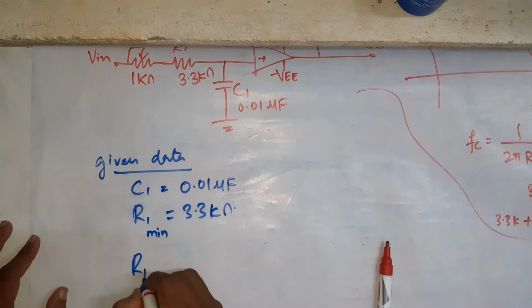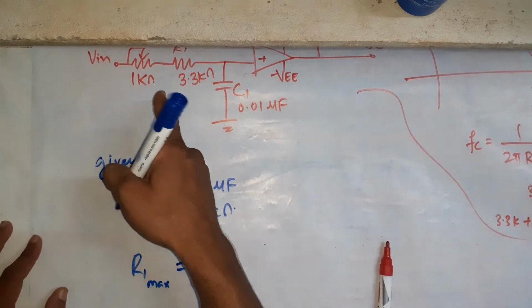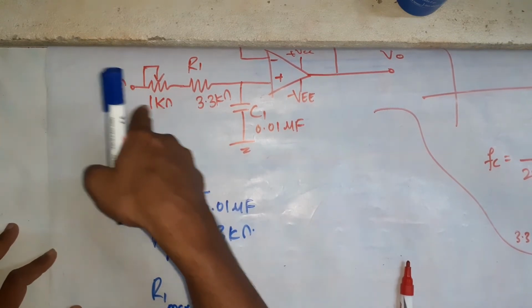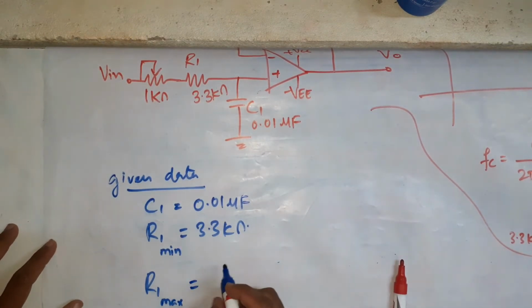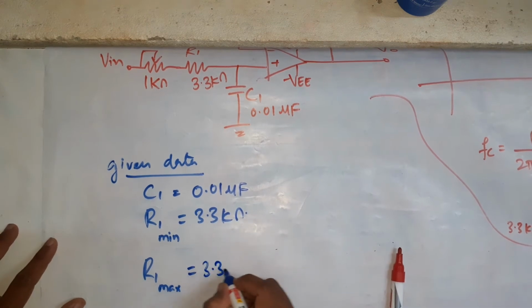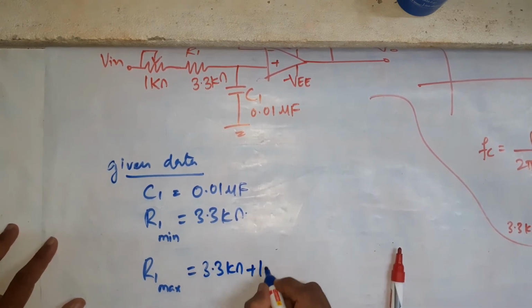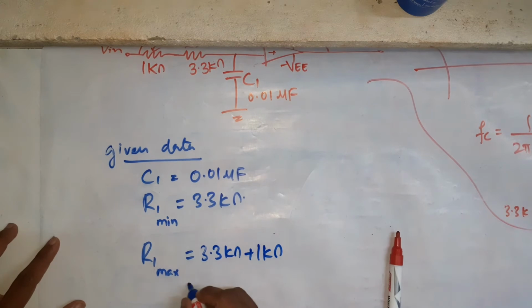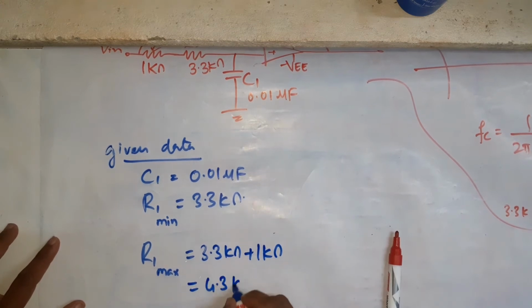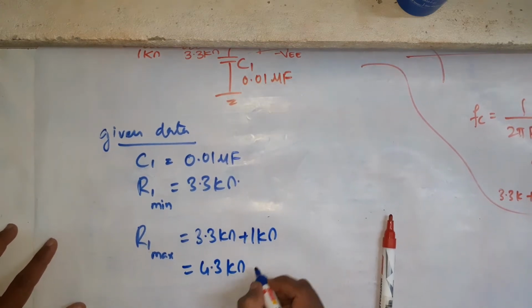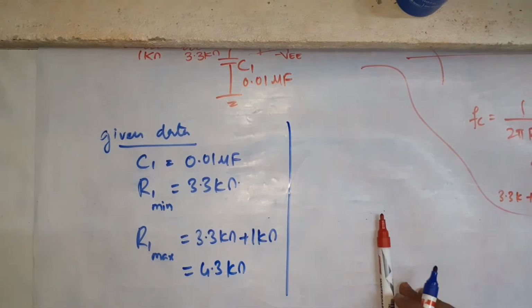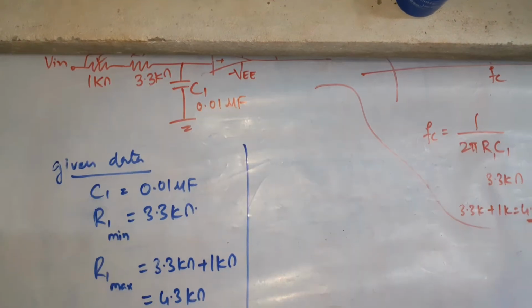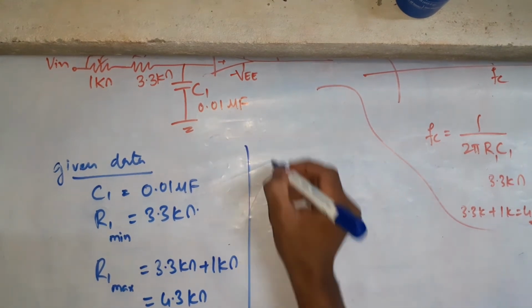We have another value of R1, that is R max. This is when the variable resistor is connected and has a setting of maximum value, so this becomes 3.3k plus 1 kilo ohm. This will be 4.3 kilo ohm. Let me call this R1 max. This is your given data.